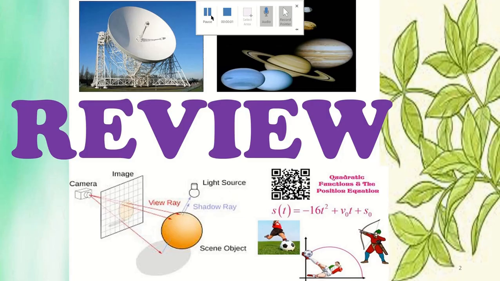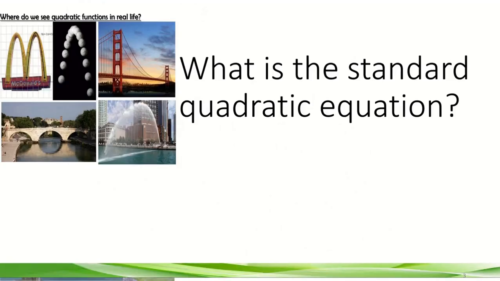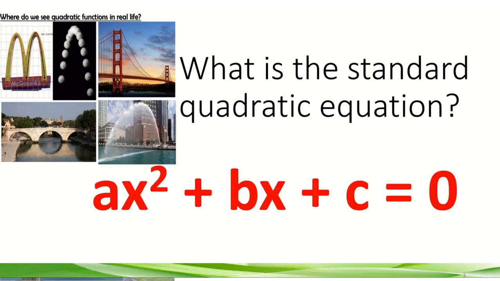Try to answer the following questions. First question. What is the standard quadratic equation? May you try to answer? Yes, the answer is ax squared plus bx plus c equals 0.